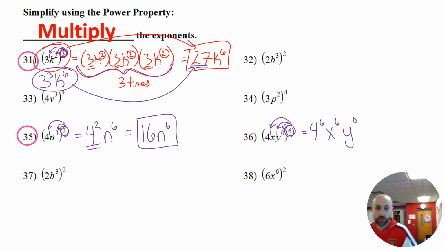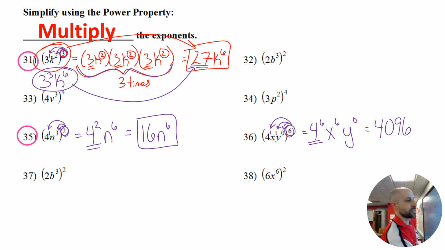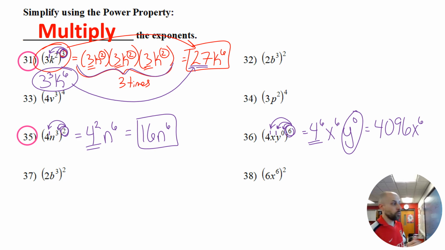I'm going to grab a calculator quick. And now, in my calculator, I can take 4 to the power of 6, and that gets me 4,096, x to the power of 6, and then y to the power of 0 is actually just 1.